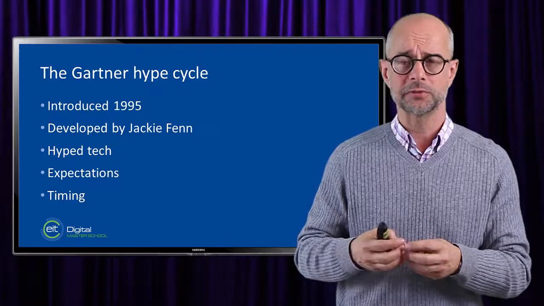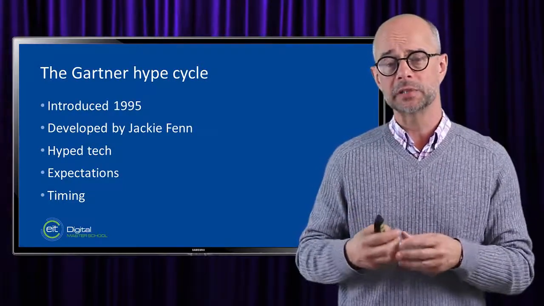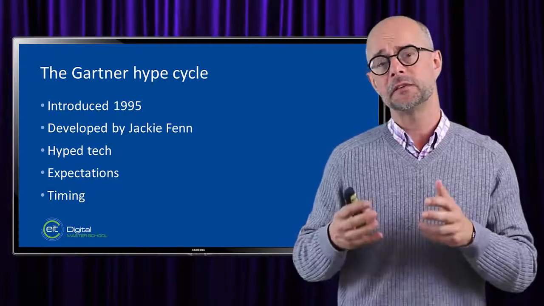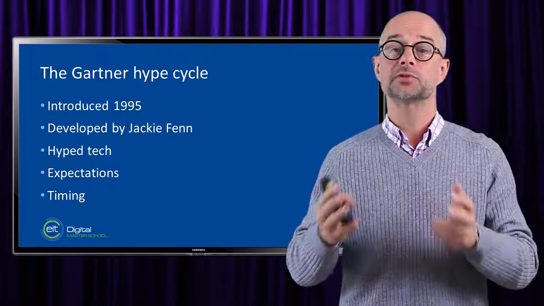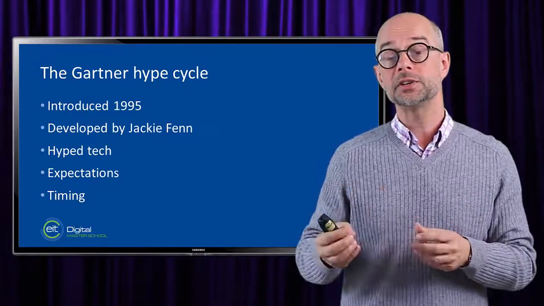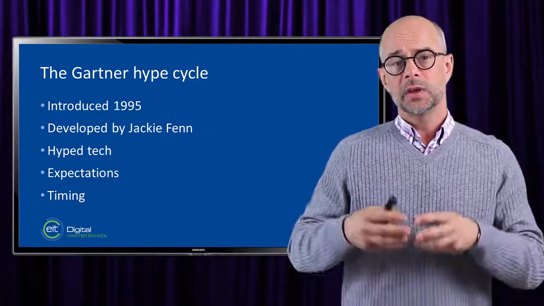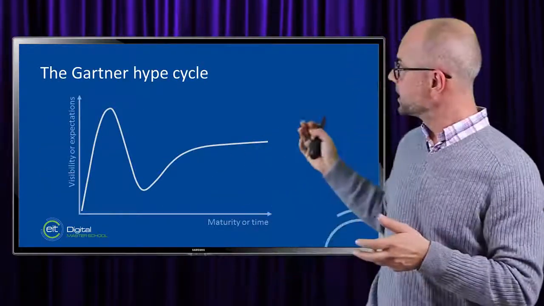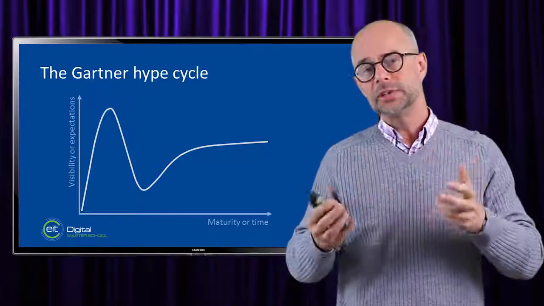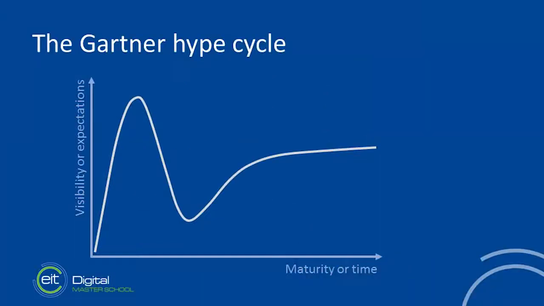The hype cycle was first introduced by Gartner in 1995 and was developed by the analyst Jackie Fenn. We here use the hype cycle as an illustration and model for expectations and timing for a new technology. Here's the hype cycle. On the x-axis we have maturity or time, and on the y-axis we have the visibility or expectations.